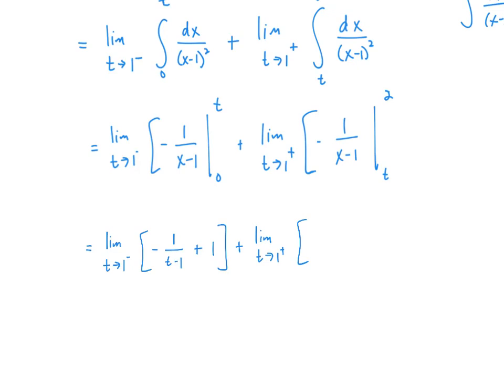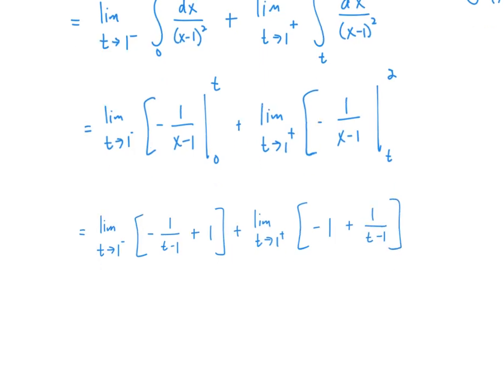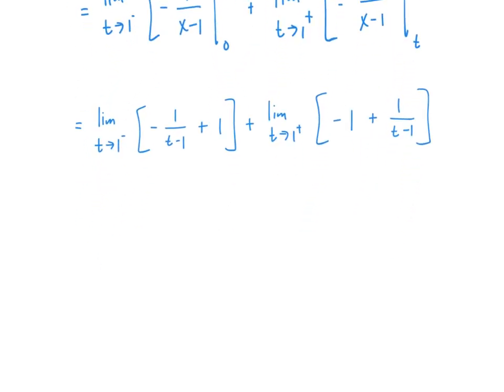Now we'll do the same thing. Plug in 2, you get negative 1, minus, that'll cancel out with that negative, and then just plug in t, like that.